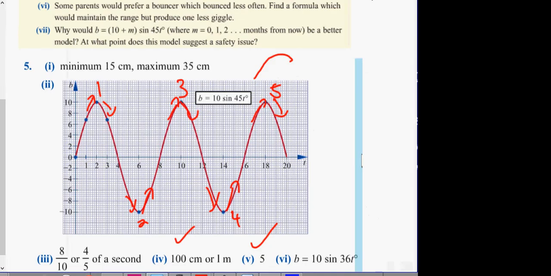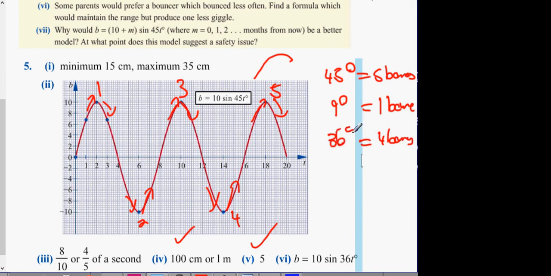Now we're given a certain way of doing this. This model here with 45 degrees produces 5 bounces. Divide by 5, every 9 degrees produces 1 bounce. And if we want 4 bounces, we're going to go for 36 degrees. So the answer for this is, find a formula.